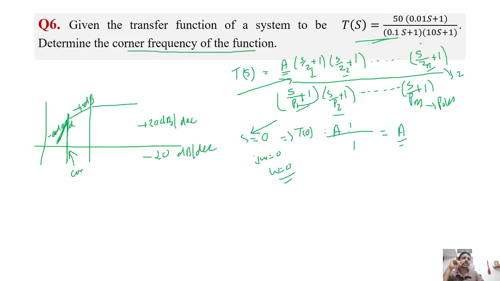So from the question itself we can find what the roll off is. We just need to see these terms. Okay, so I will take another color.